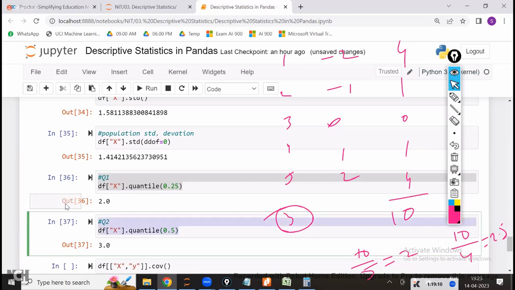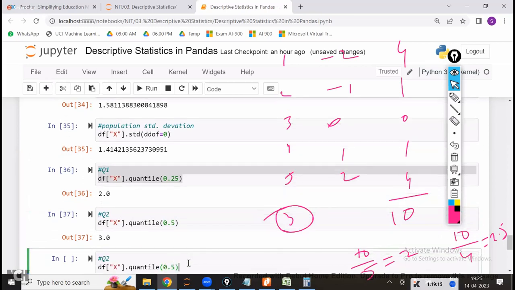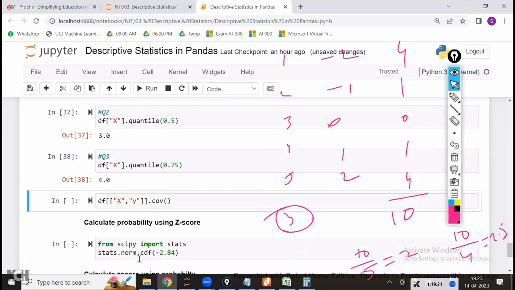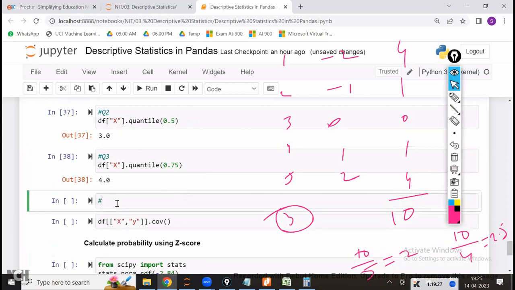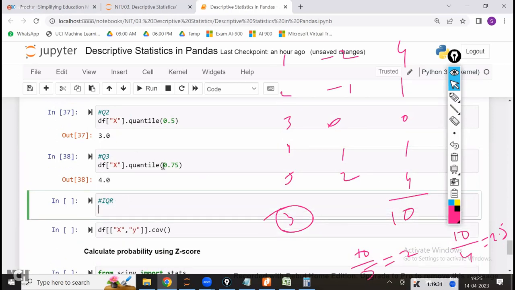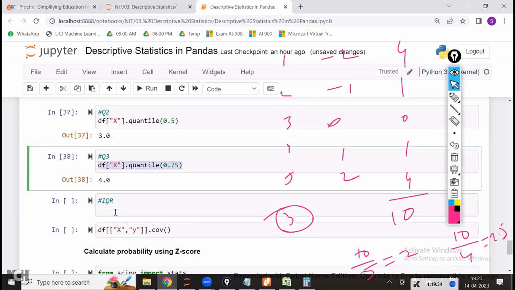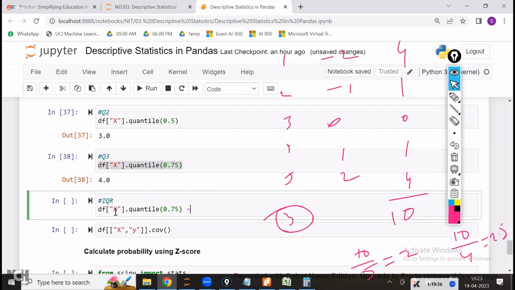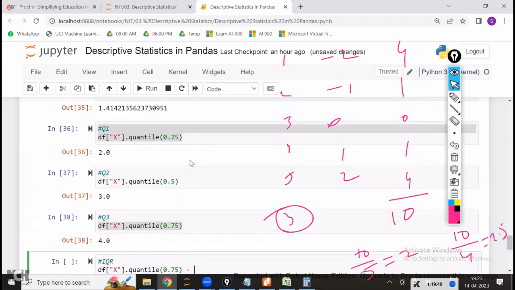And similarly, Q3: you have to write 0.75. 0.75 gives you the Q3 value. Now, how to calculate the interquartile range? IQR is nothing but Q3 minus Q1, whatever the Q1 is there.